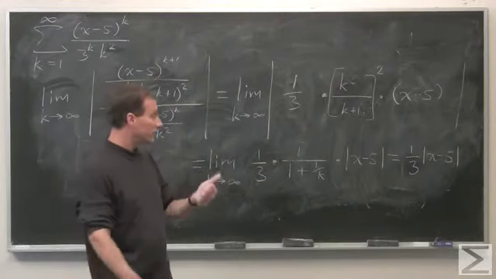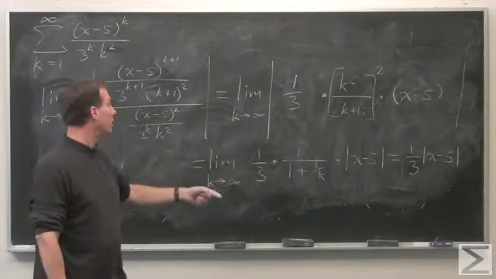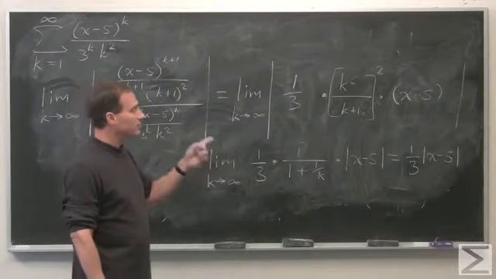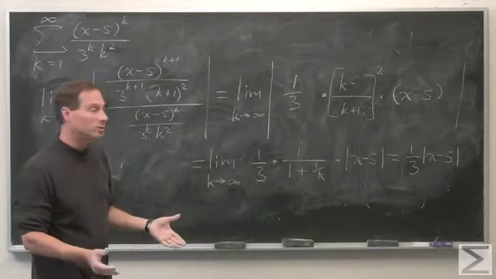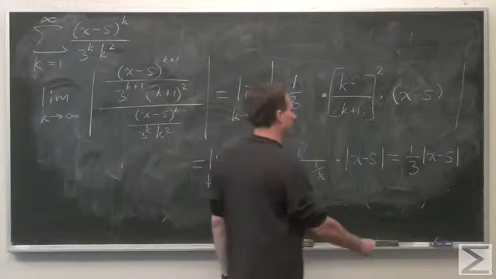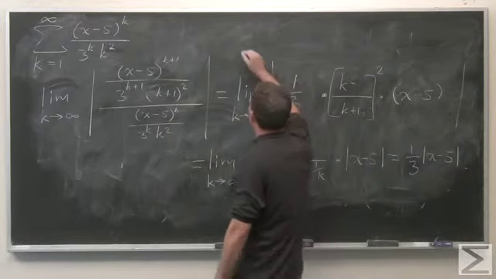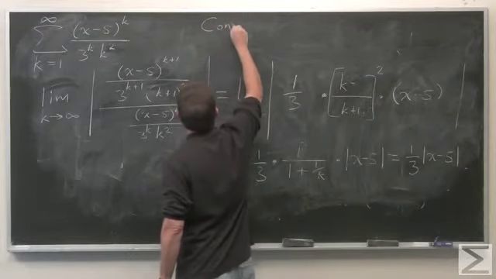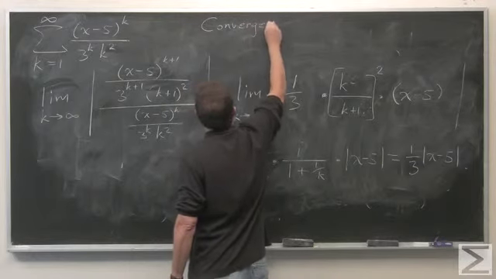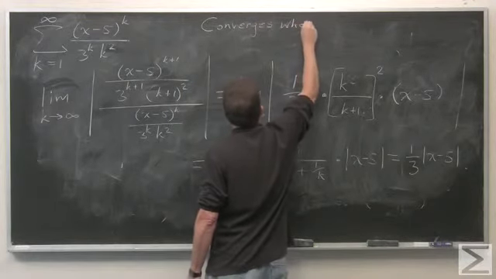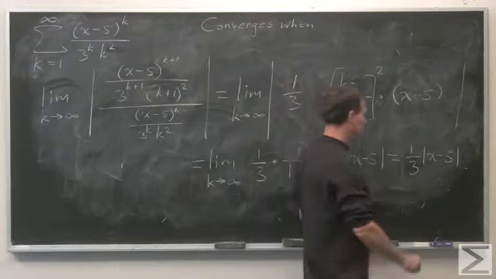It tells us that the series converges when this is less than 1. And it diverges when this is greater than 1, and when this equals 1, the ratio test doesn't tell us anything. So we get converges when this is less than 1.